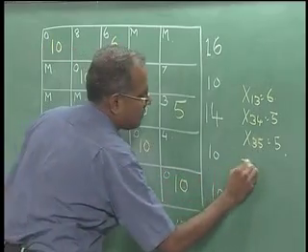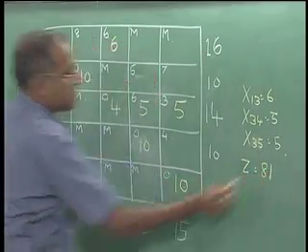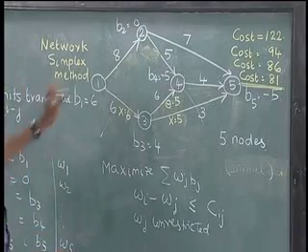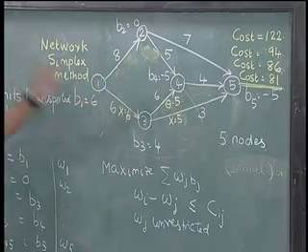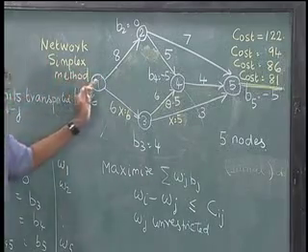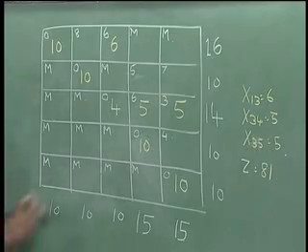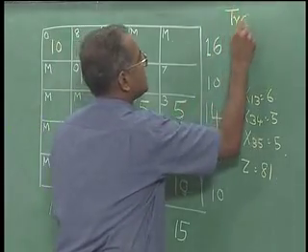This also gives us Z equal to 81, which is the same as what we got earlier. So, the minimum cost flow problem, as we have seen, can be solved either by the network simplex method or by a transportation problem. This type of transportation problem is called a transshipment problem.